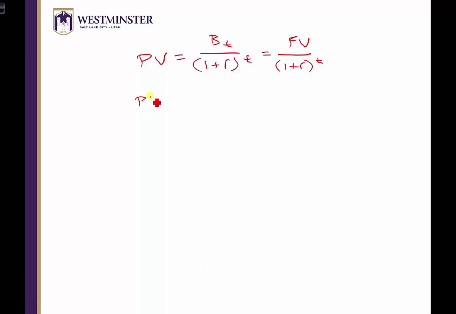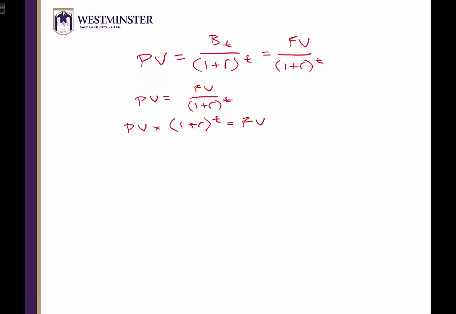We have present value is equal to future value divided by 1 plus r to the t, or we can say present value times 1 plus r to the t is equal to future value.